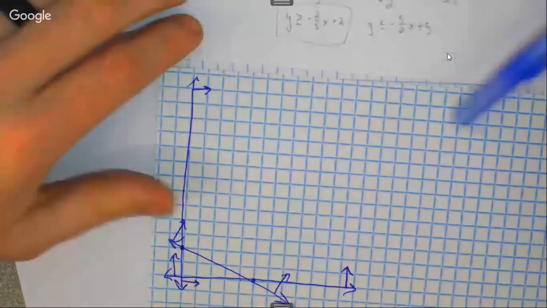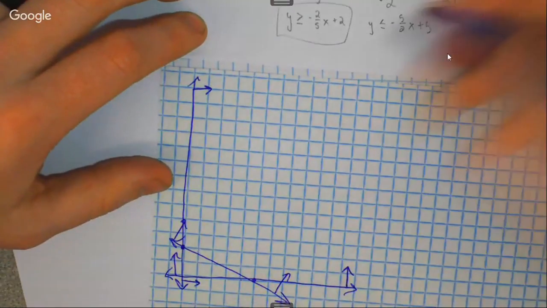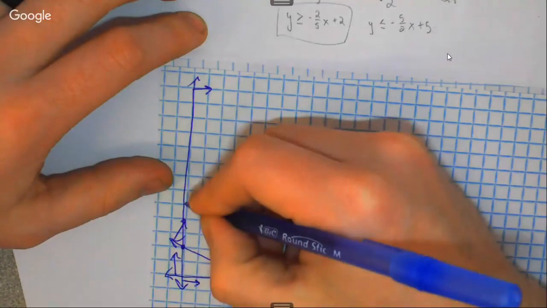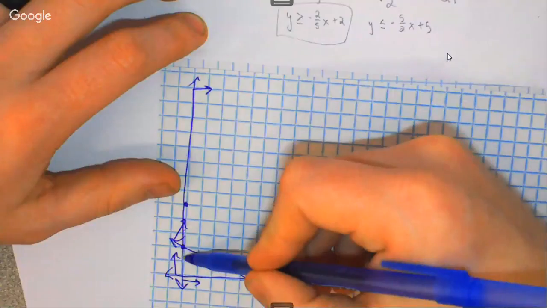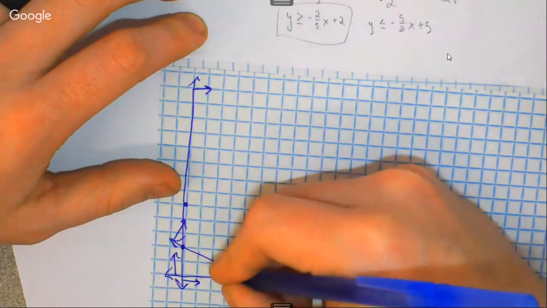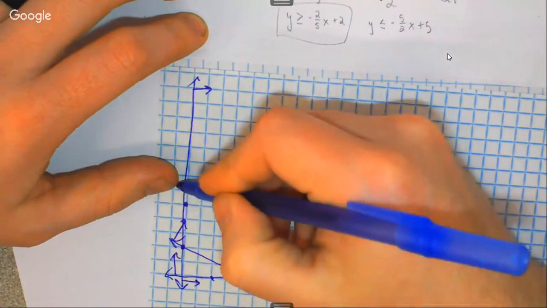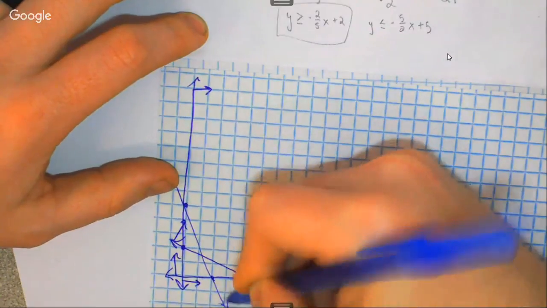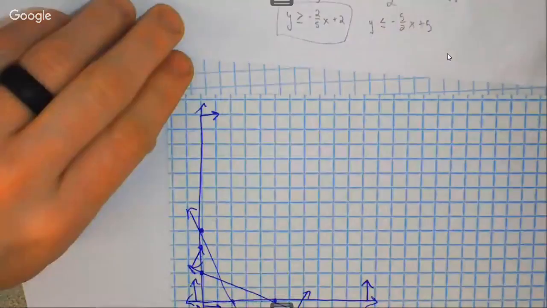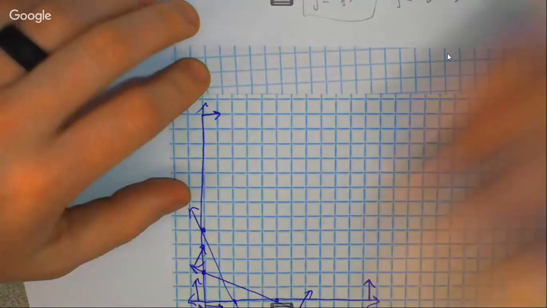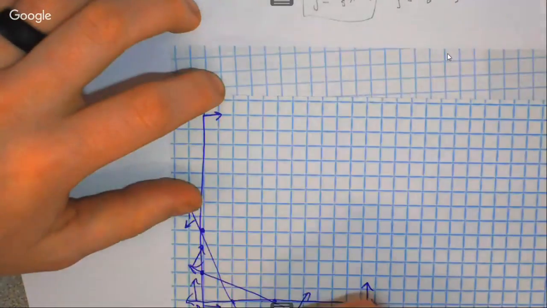Okay, and then the next line will start at 5, 2, 3, 4, 5, and it will go down 5, right 2. So 1, 2, 3, 4, 5, 1, 2. There. Okay, and so y is less than that, so I'm shading this way.